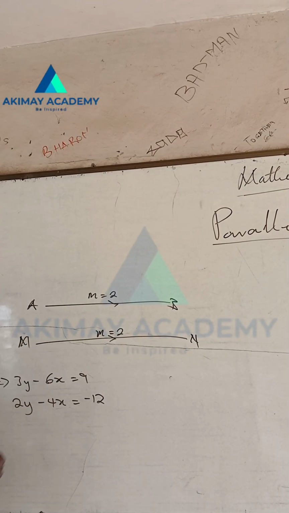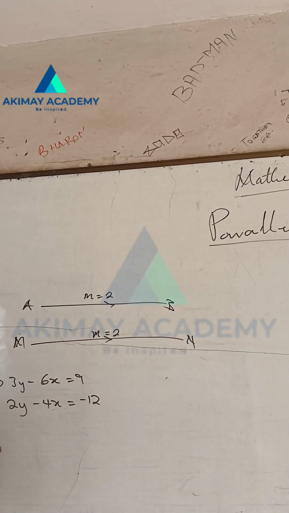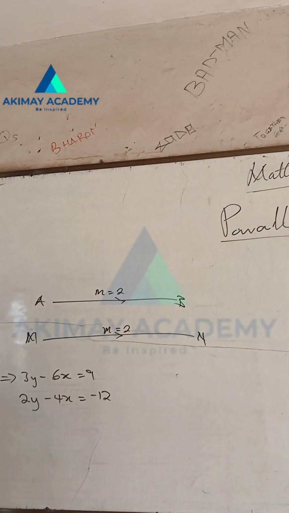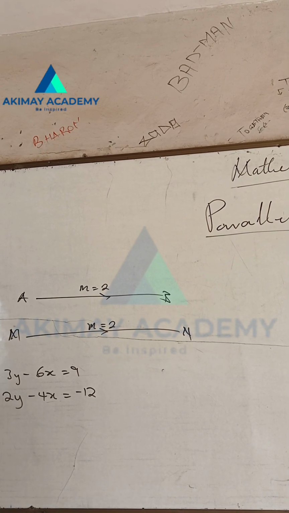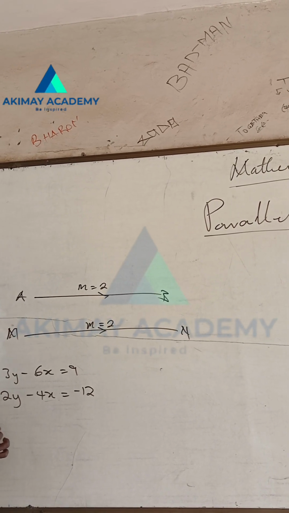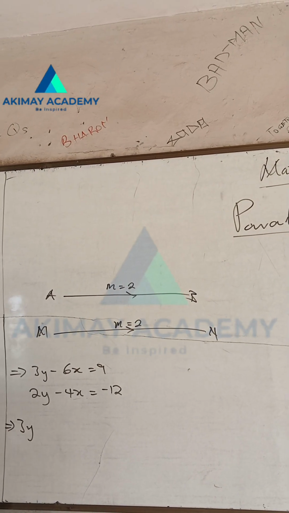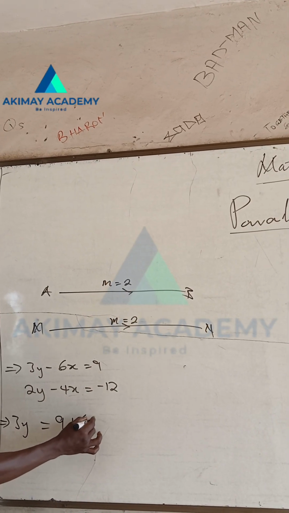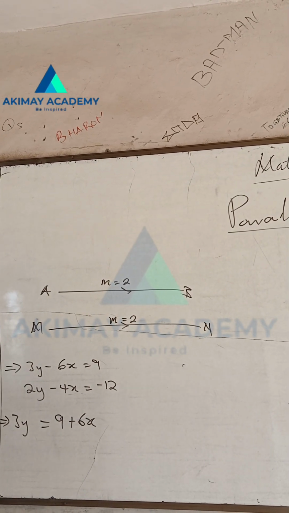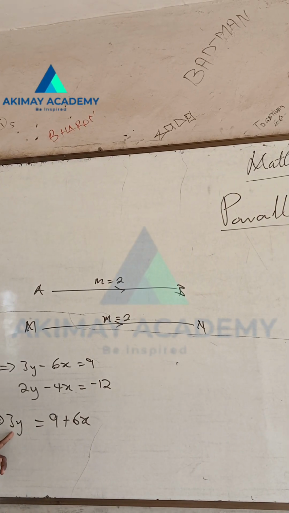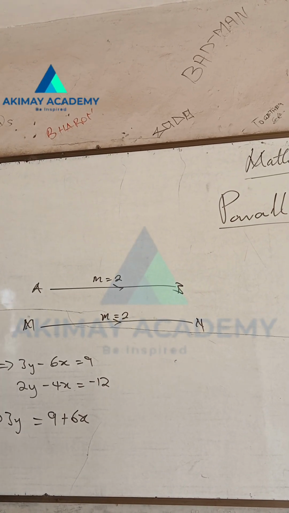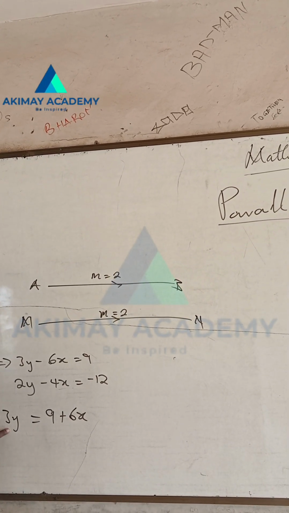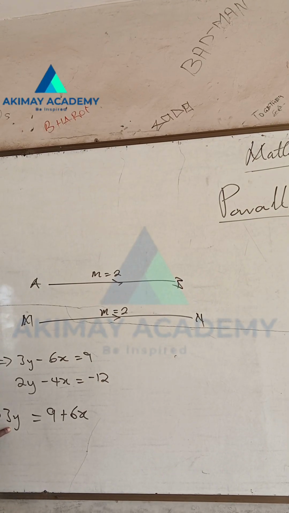For the first equation, we have 3y minus 6x equals 9. Let's make y the subject. We have 3y here, so let's send the 6x to the other side. So we have 9 plus 6x. Now we divide through by 3 to make y stand alone.